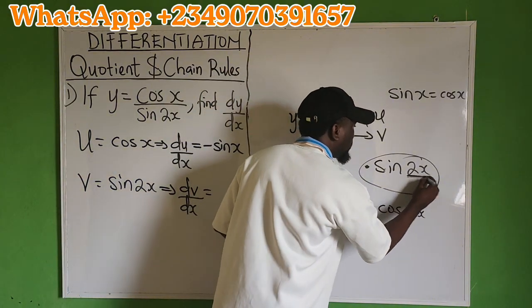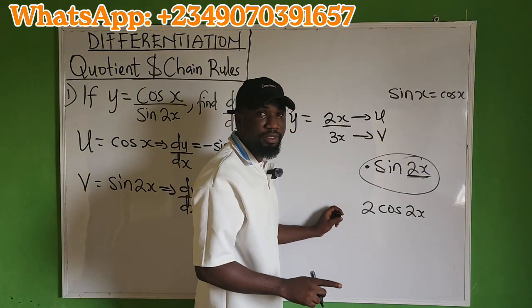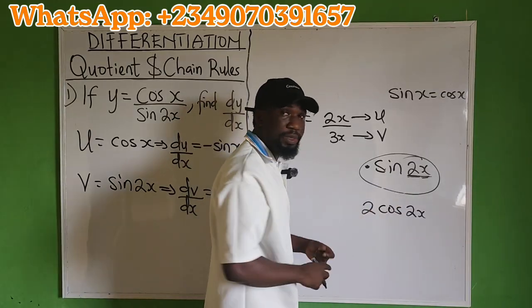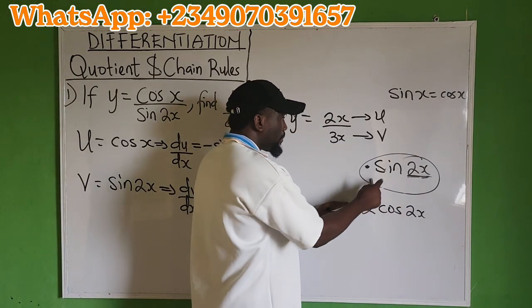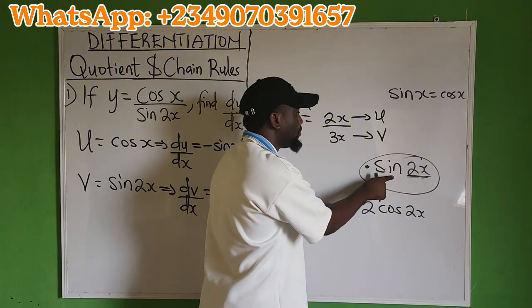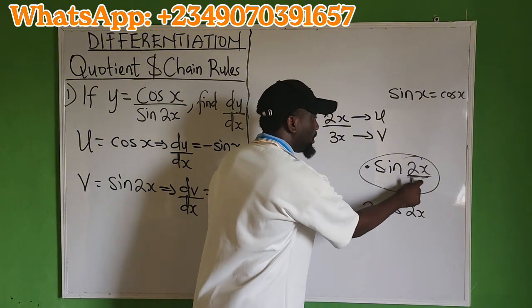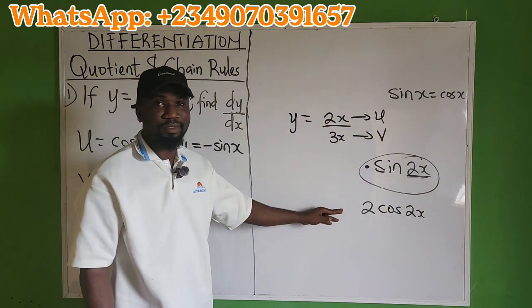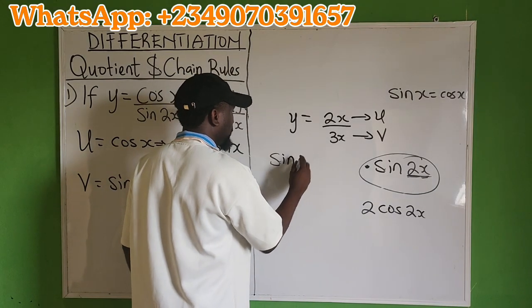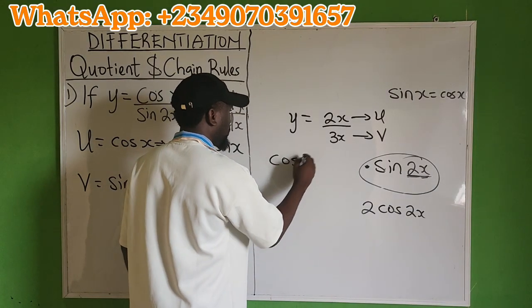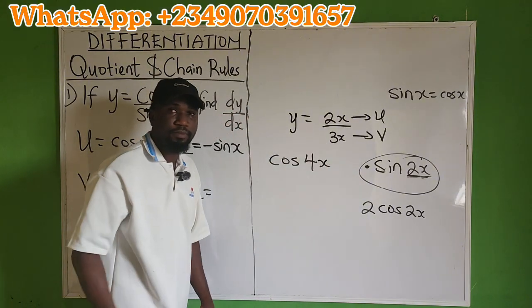This 2x here, you are going to differentiate. Differentiating 2x gives us 2. You know the reason, right? Then differentiate sine. Sine will give us cos. Then repeat this value. Is that taken? So imagine you have cos 4x.